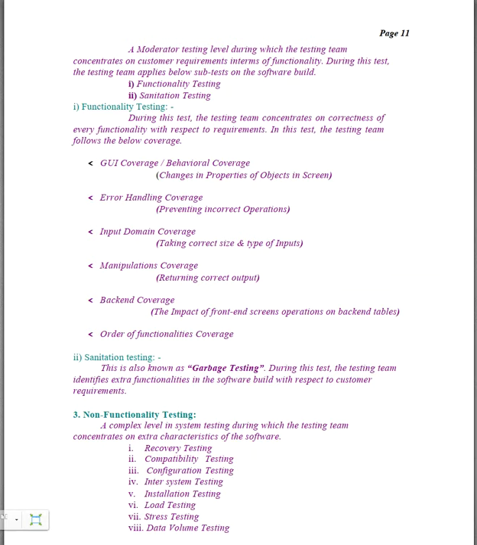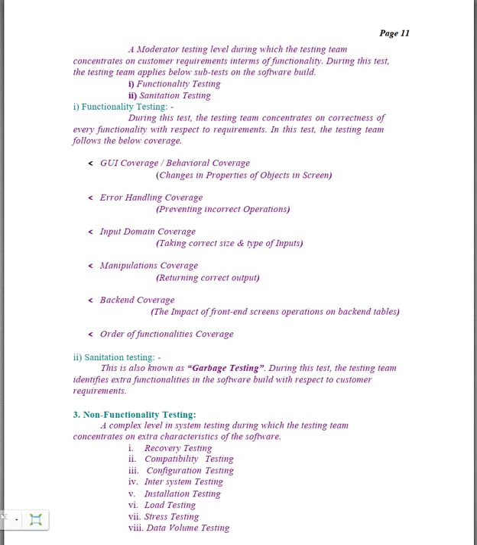The testing team mostly concentrates on the customer requirements, and it has something called functionality testing and sanitation testing. Functionality testing depends on the correctness of every functionality. We will be checking the requirement traceability matrix and all those things to make sure it is well within the defined limits.